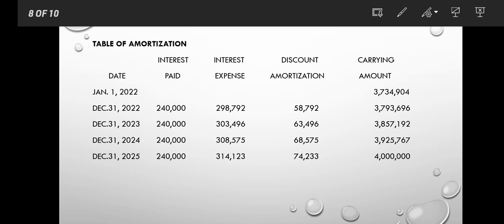To get the discount amortization, we deduct the interest paid from the interest expense, and so on. It's the same formula for getting each of them.